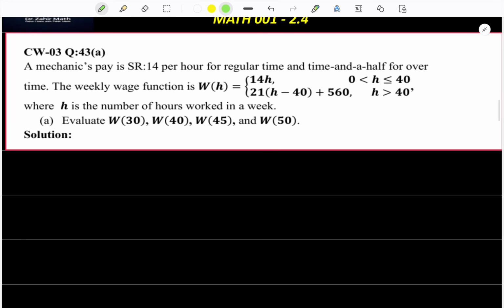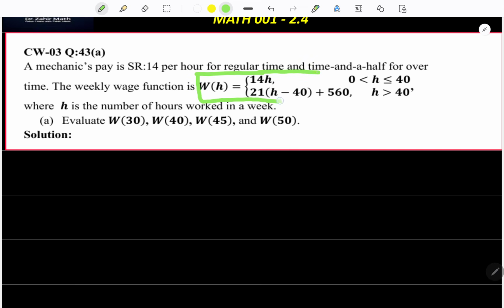Next question. A mechanic's pay is Saudi Riyal 14 per hour for regular time and time and a half for overtime. The weekly wage function is W of H. Just concentrate on this function.